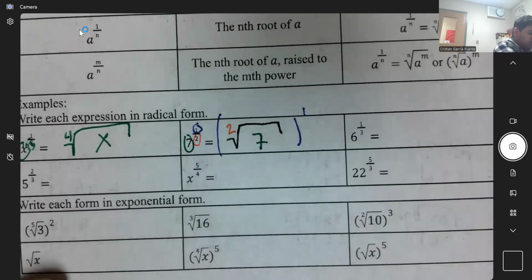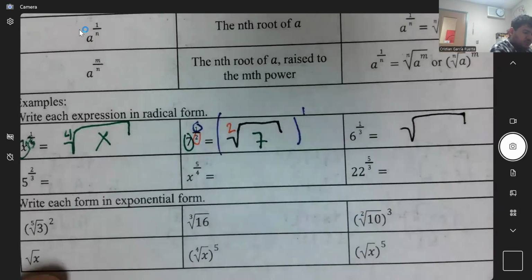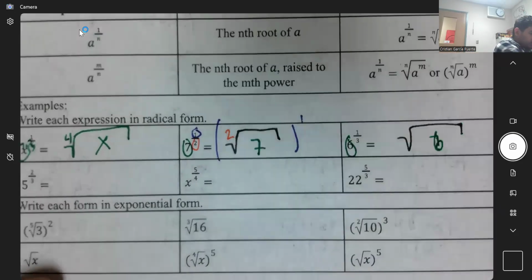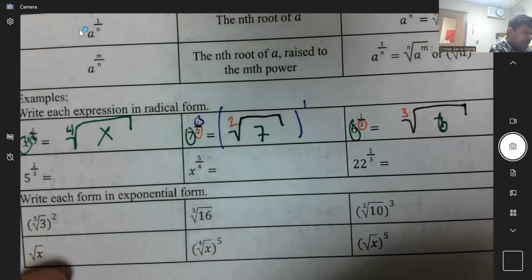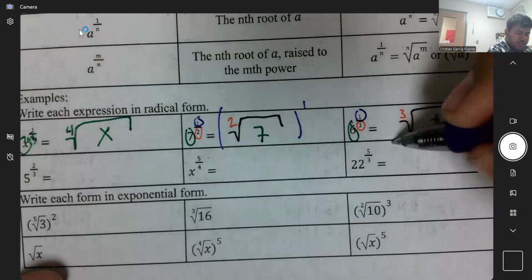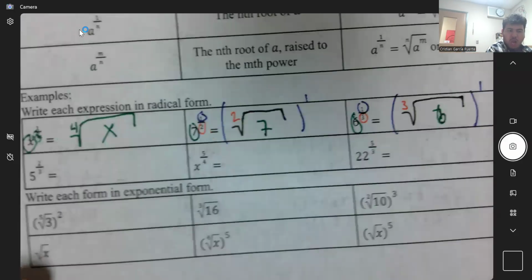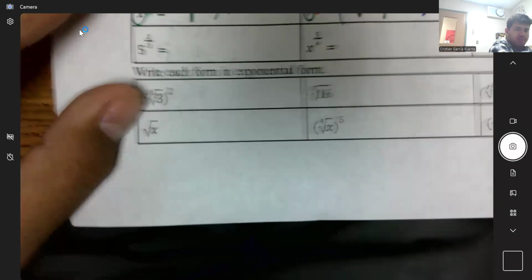So again, make your radical, your house. This number is going inside of there. The bottom number of the fraction is what is on top of your radical, your index. The top number of the fraction is what you're putting the whole thing to the power of.